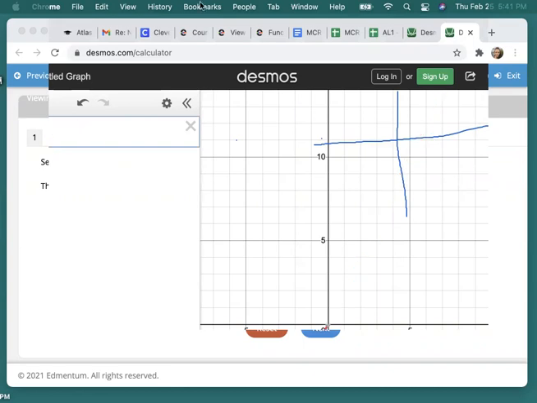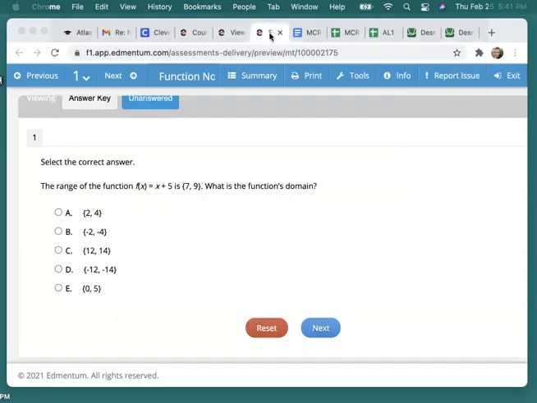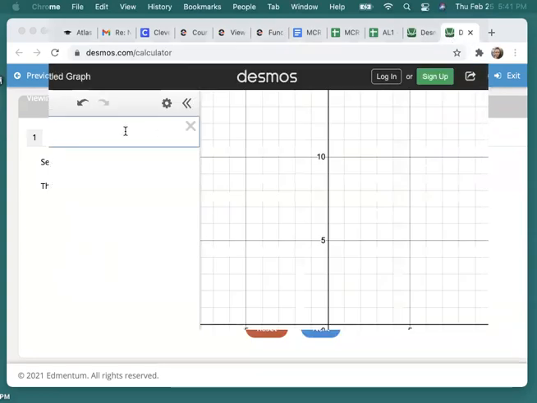Hold on. And let me clear my drawing. So y equals, f of x is y equals x plus 5. So if I do y equals x plus 5, I have a graph, okay?